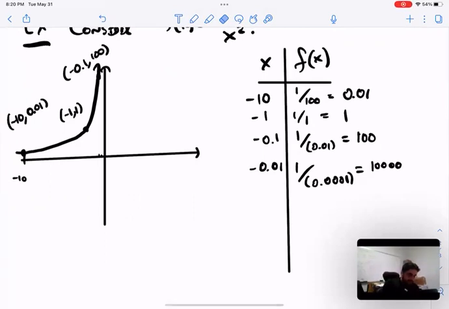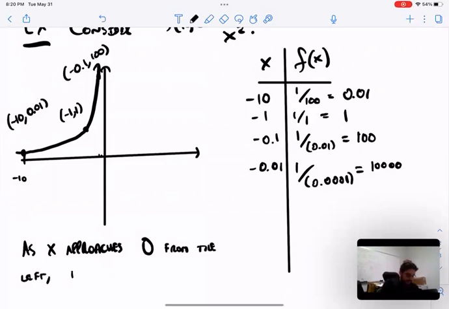I would say as x approaches 0 from the left, the f of x, which represents the y coordinate, seems to be approaching infinity. That's what we're seeing, that it becomes larger and larger and larger.